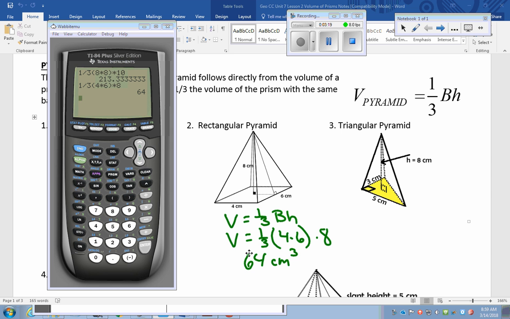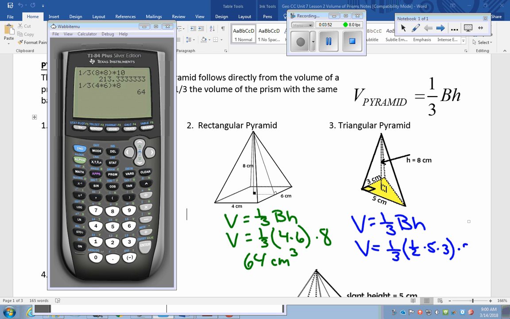Then for 3, we have a triangular pyramid. So you'll see that base figure is a triangle, looks like a right triangle. I'm using the same formula again, because it is a pyramid. However, the big B will be different, our base figure area. So when I write this down, it's going to be 1/3, and then for the triangle, I have 1/2 times 5 times 3 for my area formula. And then I have a height of 8, so I'm going to multiply that by 8.